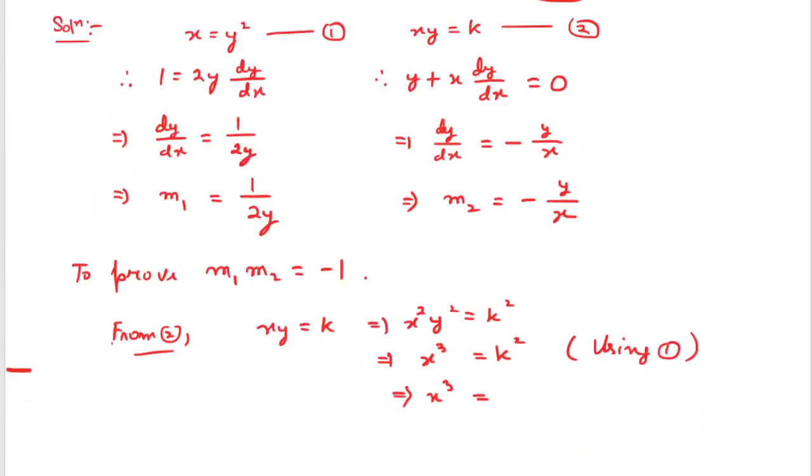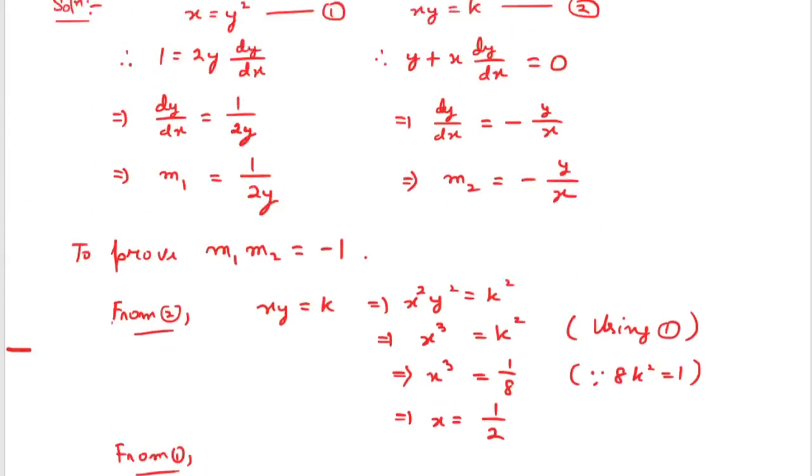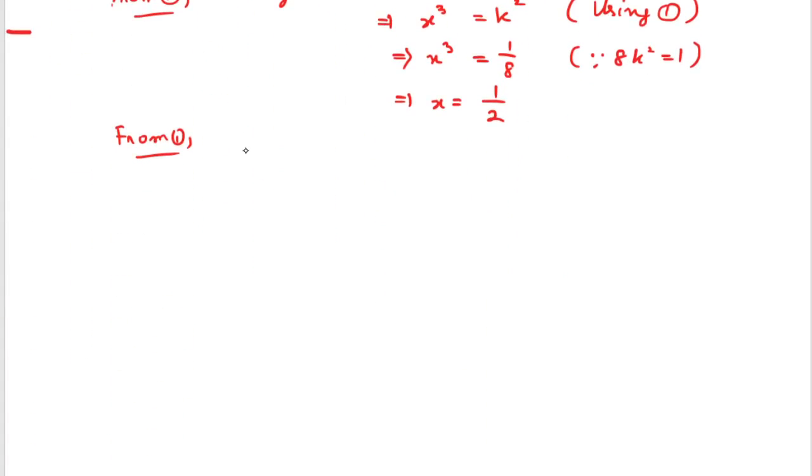So my k square will be 1 by 8, so x cube equals 1 by 8, and here I can say that my x is 1 by 2. Now from x equal to y square, since x is half, y equal to plus minus of root over x, that means y is plus minus 1 by root 2.